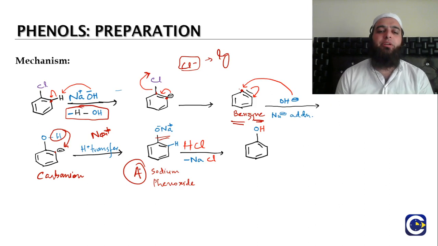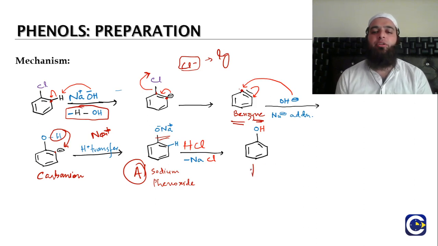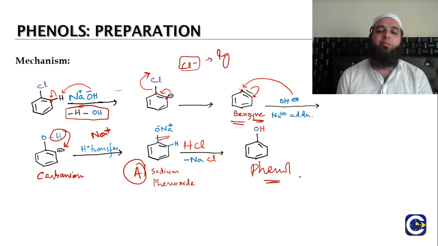But we have to proceed with the reaction, so we acidify this sodium phenoxide with HCl. As a result we get the corresponding phenol as a product in the reaction.